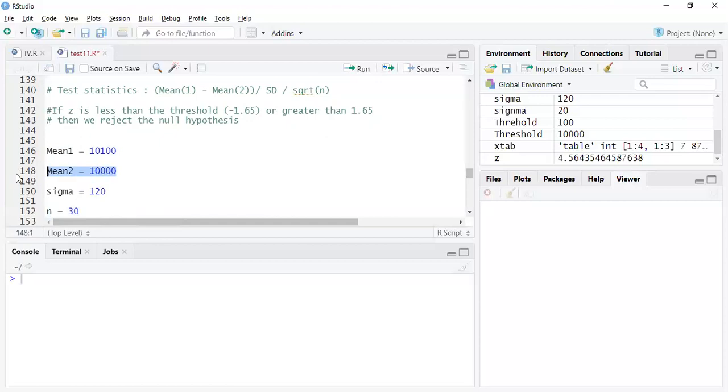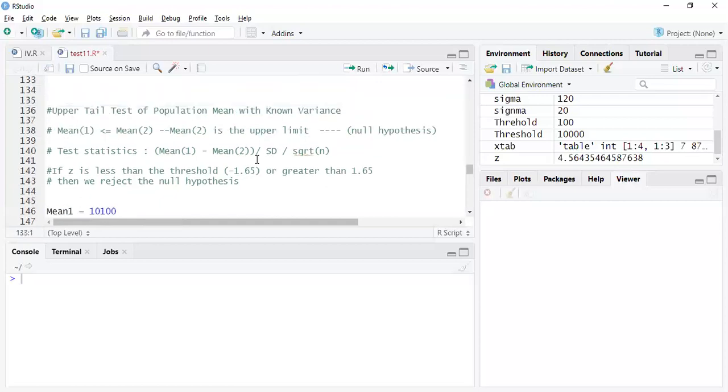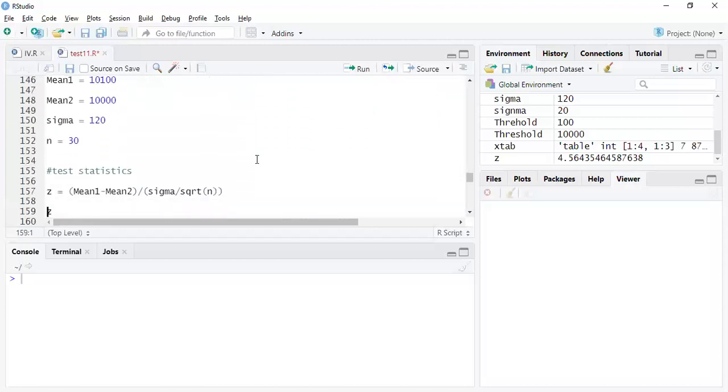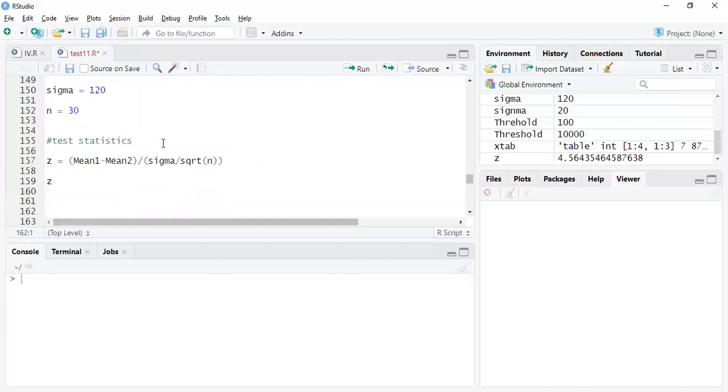We would like to compare with this, whether mean one is less than or equal to mean two or not. Then we will calculate the test statistic in this case: mean one minus mean two divided by sigma over the square root of n. It's as simple as that.